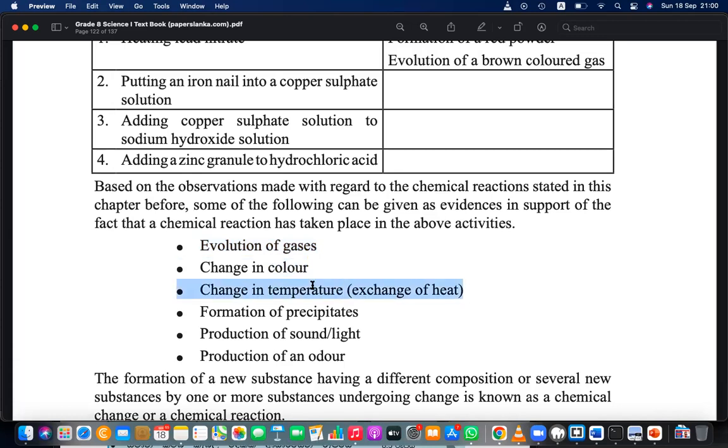It can be cool or hot based on the reaction. When some reactions happen, the test tube or setup will become hot, and when some happen, it will become cool.